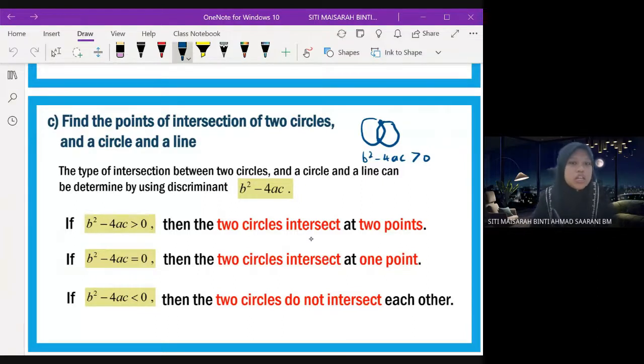Jadi maksudnya kalau case yang kedua ni, circle dengan circle dia touch. If b squared minus 4ac is less than 0, then the two circles do not intersect each other. So dia dua circle ni tak intersect langsung lah. Maksudnya dia asing-asing. Kita guna ni untuk nak tahu sama ada dia kategori yang ada intersection or no intersection.